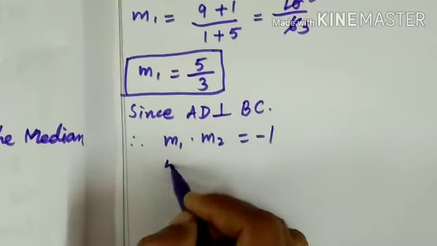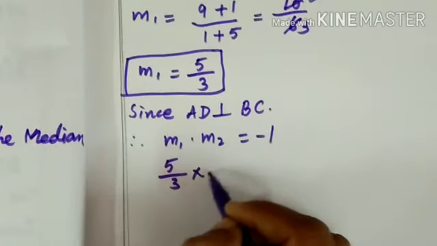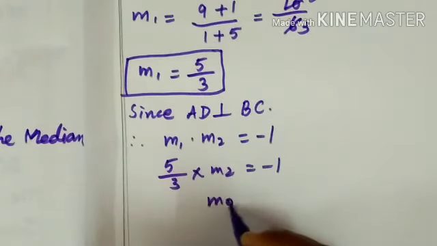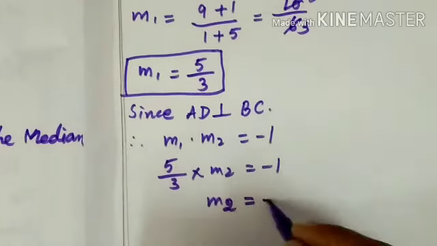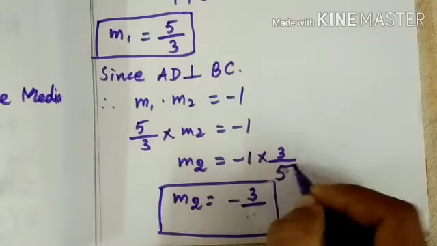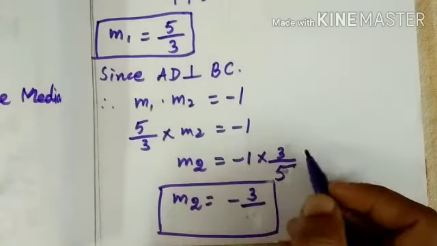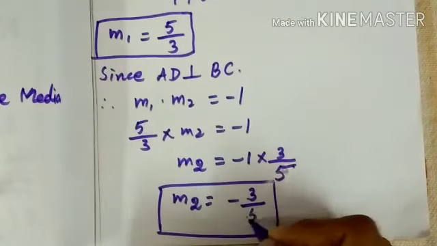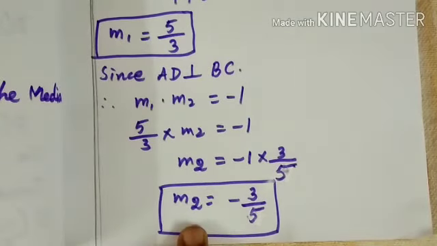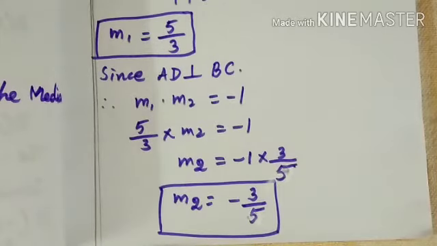M1 is 5 by 3, into M2 is equal to -1. Slope M2 is equal to -1 into 3 by 5. Multiplying this, we get minus 3 by 5. Now we have the slope of AD, that is -3 by 5.